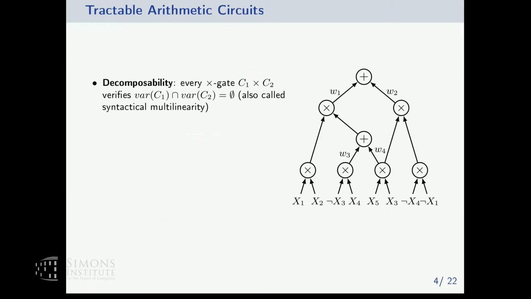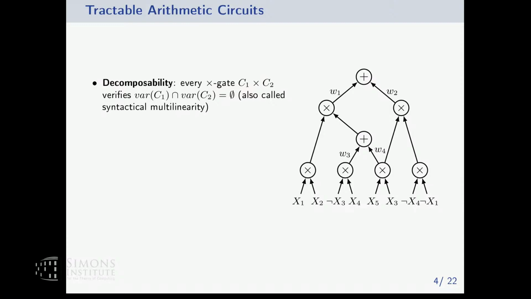Now, if an arithmetic circuit represents a probability distribution, you may want to answer a few problems and queries on these circuits, like computing marginal probabilities or computing maximum a posteriori.